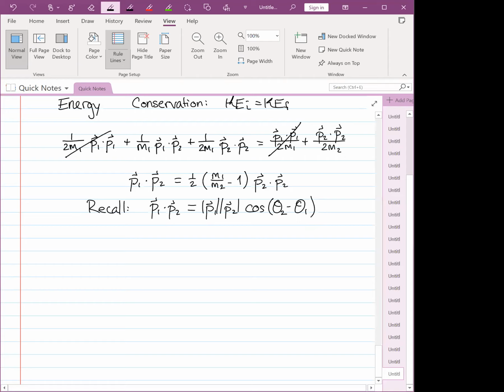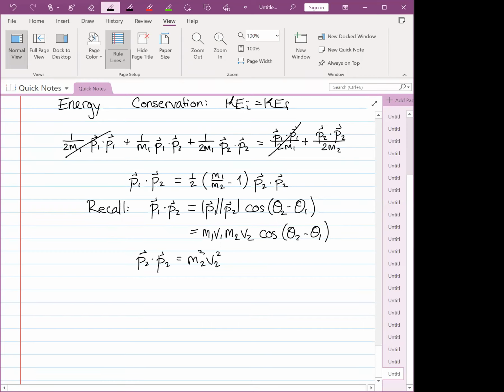Now, we know what the magnitudes of these are. We have variables v1, v2, and v. So the magnitude of P1 is just m1 v1. The magnitude of P2 is just m2 v2. This is times cosine of θ2 minus θ1. Similarly, P2 dot P2 is just (m2 v2) squared. All right.